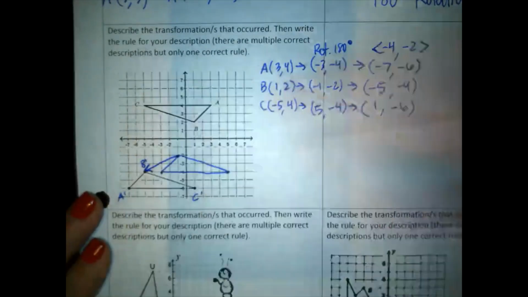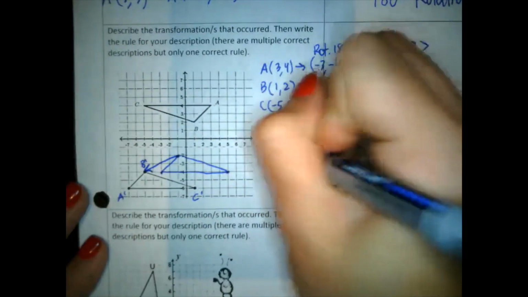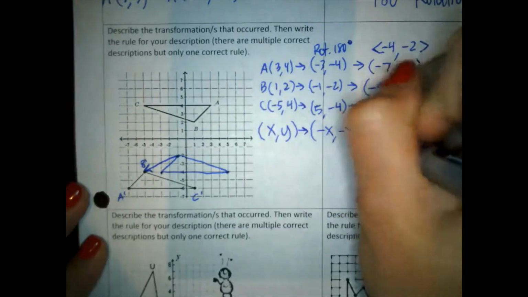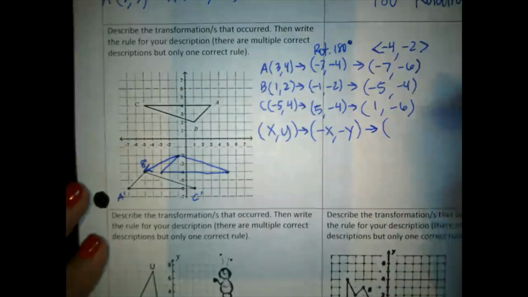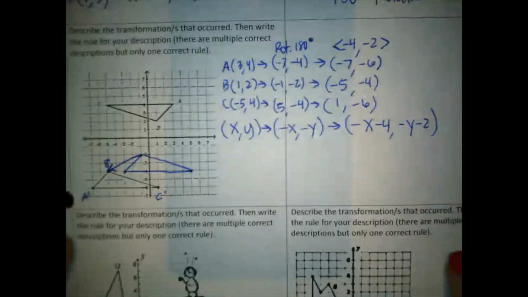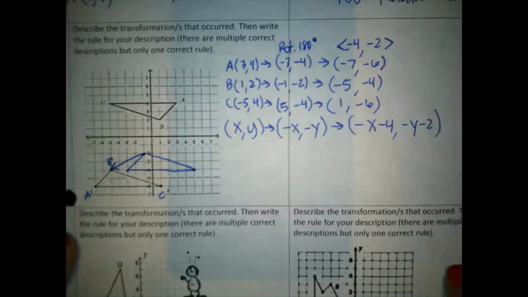It also says to write the rule. So (x, y) goes to, we did -x, -y, and then that would be (-x - 4, -y - 2). So there is that rule.